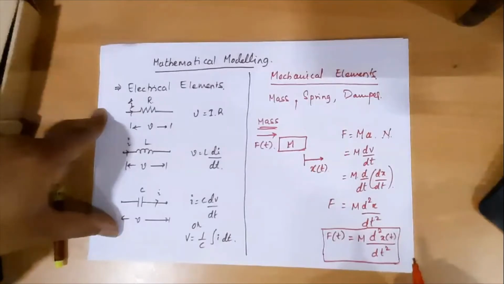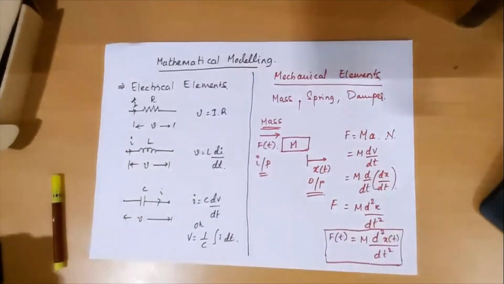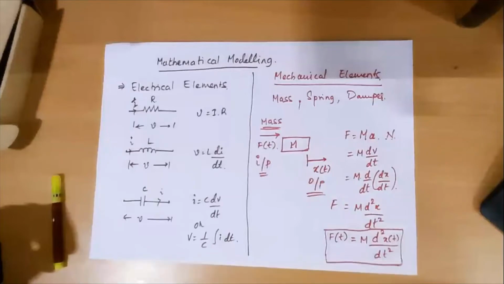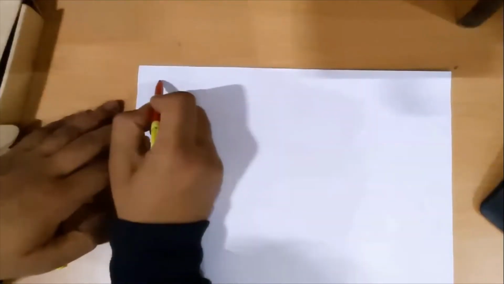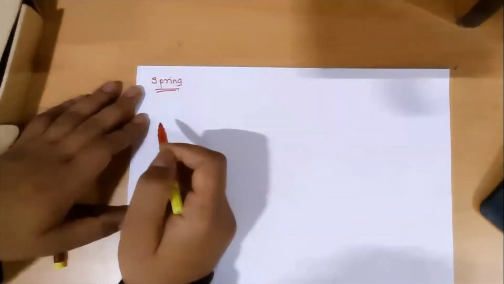Okay, we'll move on to the next part now, which is spring. Let me clarify again. F of t we call input and x of t we call output, or we can call it effect, or response. Next we'll move on to the mathematical definition of spring.